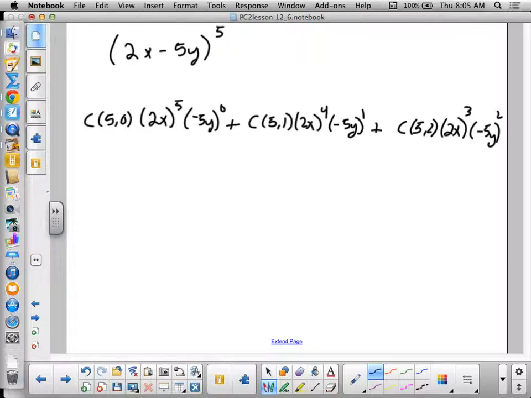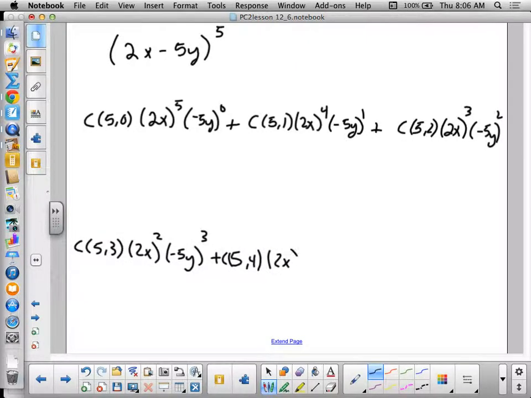We need extra space, but that's okay. Combination of 5, 3. This time the 2x goes to the 2nd power, and the negative 5y goes to the 3rd power. Plus combination of 5, 4.